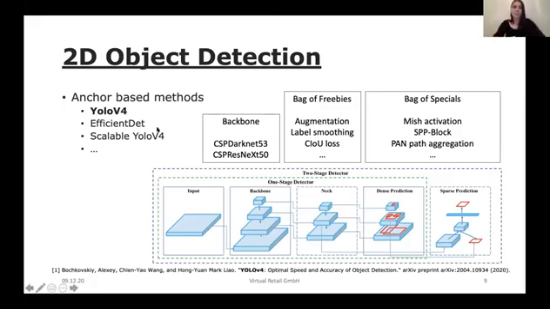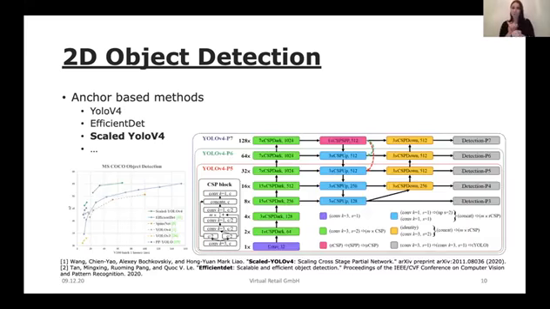So it tested out a bunch of stuff, and it's a really solid paper, and they did a really good ablation study. They separated out almost each item to see, for example, if you add a certain augmentation, how the performance improves and by how much. It's a really good paper to read, actually. The Scaled YOLO V4 was published 2 to 3 weeks ago, and sets the new benchmark for this group of methods.